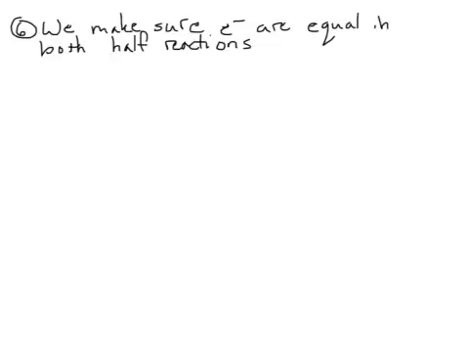So if we multiply the whole thing by 6, we wind up with 6 Fe2+ goes to 6 Fe3+ and 6 electrons.